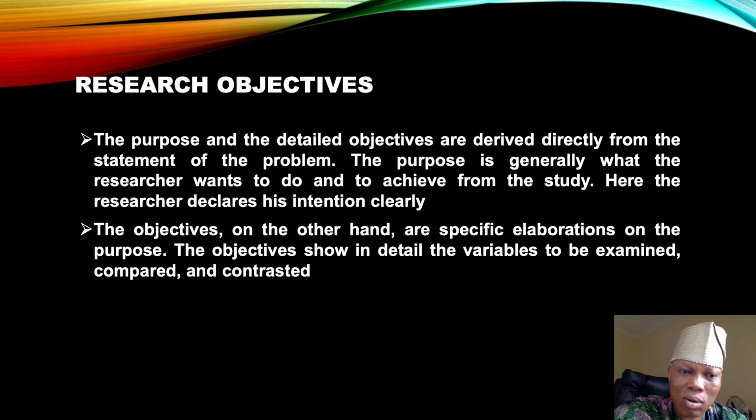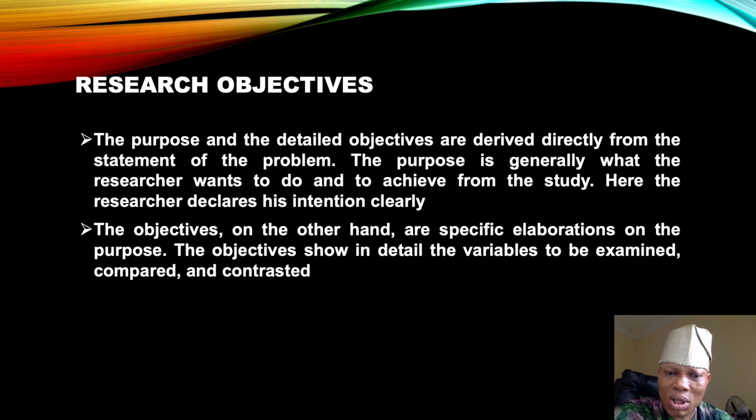Now your objectives will read: to examine the effects of jigsaw cooperative learning method on student academic achievement, to examine the effects of conventional lecture method on student academic achievement, to examine the influence of gender on students' academic achievement.